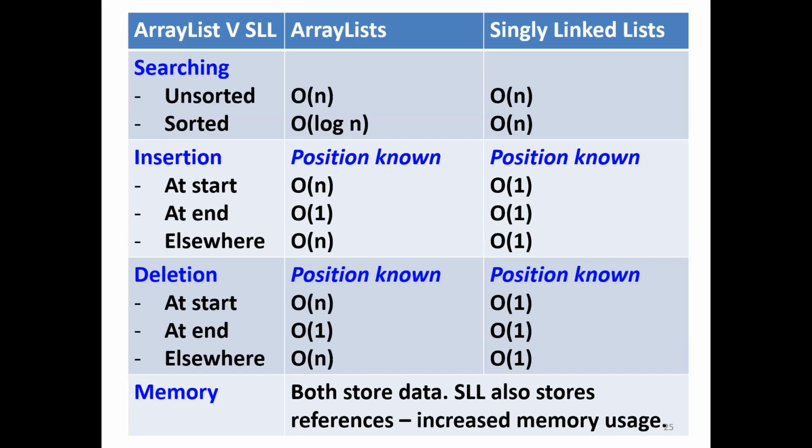However, the singly linked list also has another part that holds the reference. So because of the addition of the reference part, the memory usage for the singly linked list is more when you compare it with the array list.